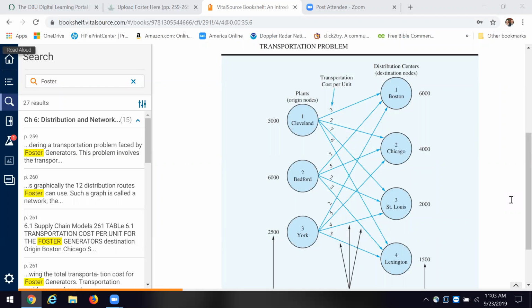Then you have the arcs, and each plant, Cleveland, Bedford, and York, each of them feed these four distribution centers. And here in the middle, the authors have provided for you the transportation cost per unit. You see that? Now, this is a very simple network problem.